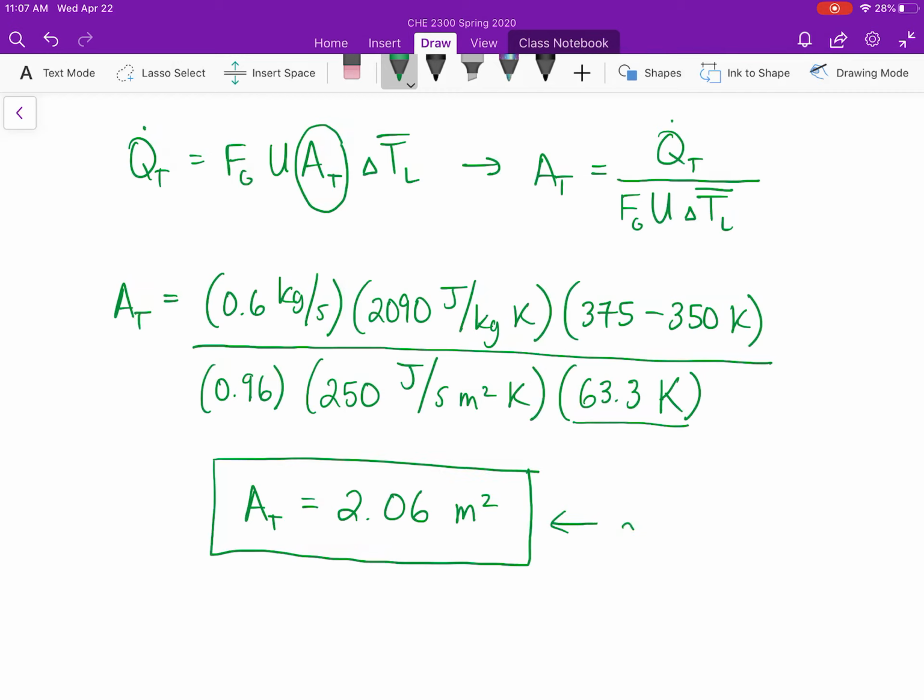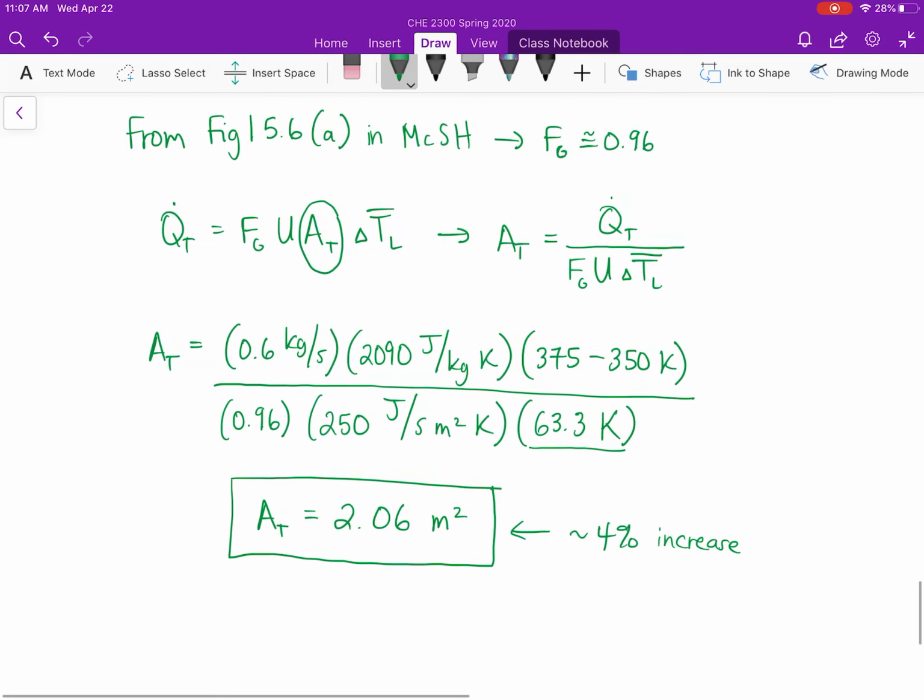This value is approximately 4% larger than the total area required for heat transfer that we calculated in the previous example problem where we only had a single pass heat exchanger. Okay, so hopefully that made sense and you got an idea of how we might apply this correction factor to calculate a particular parameter involved in these multiple pass heat exchangers.